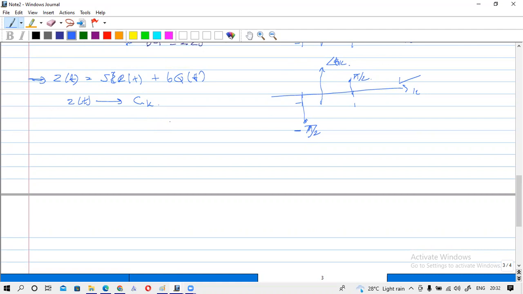So c_k is equal to 5 times the r(t) coefficients a_k, plus 6 times the coefficients of q(t), which we take as b_k. So c_k is equal to this. Now we have to find the c_k values.